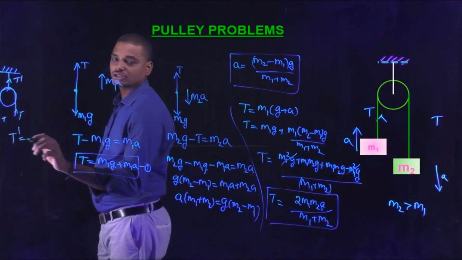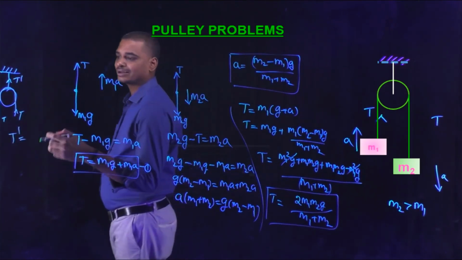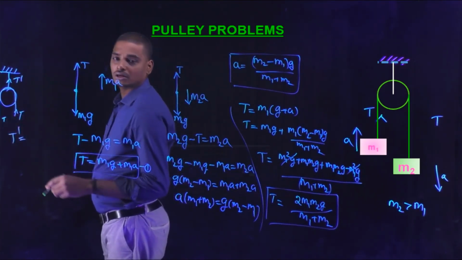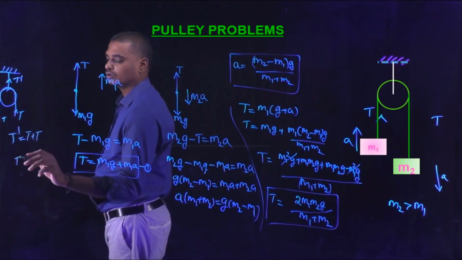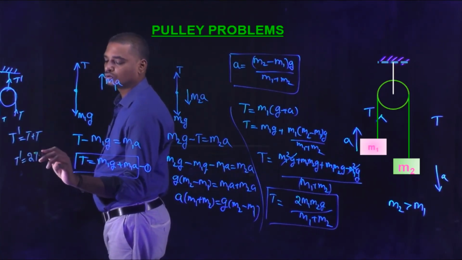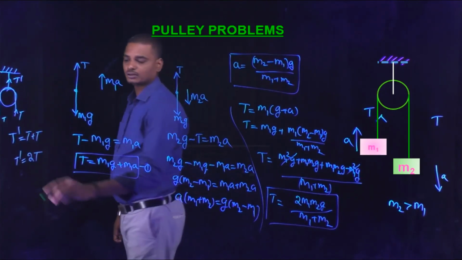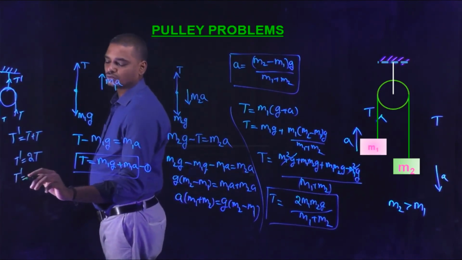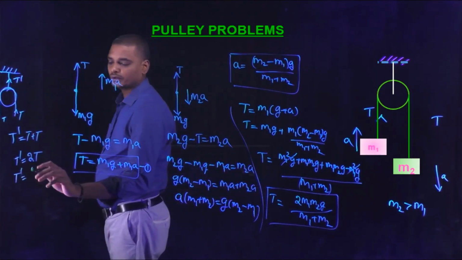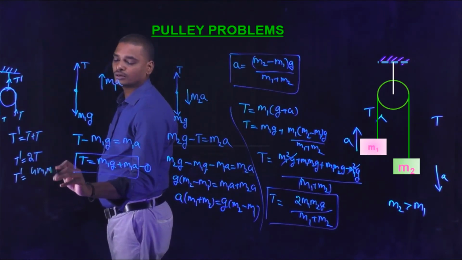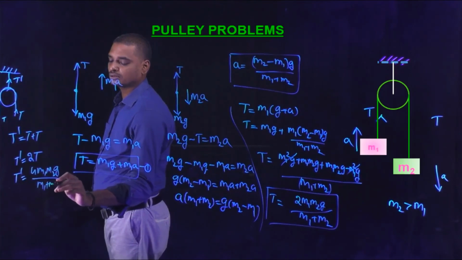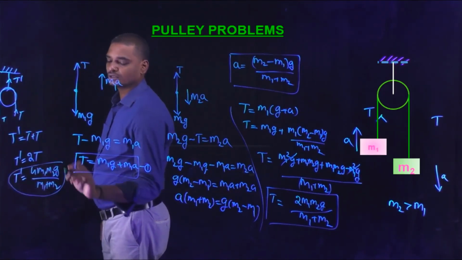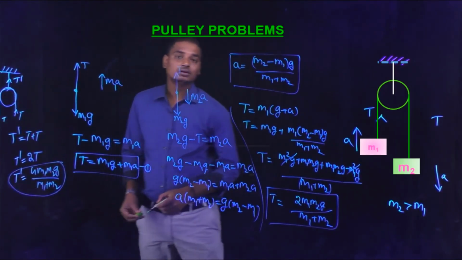So T dash is equal to T plus T. So T dash is equal to 2T, nothing but the formula will be 4 M1 M2 G by (M1 plus M2). This is the expression for the net force acting on the pulley.